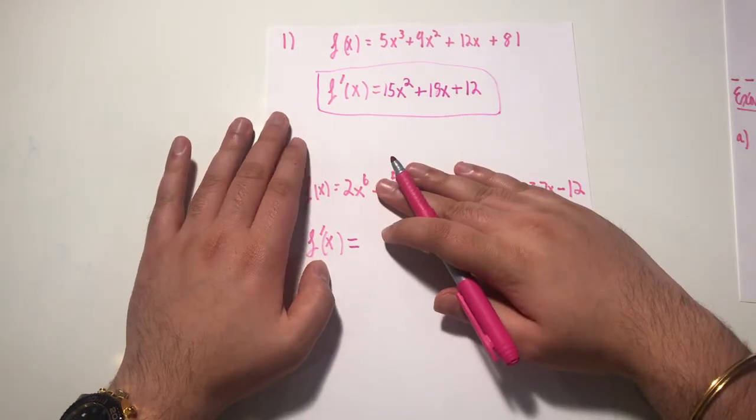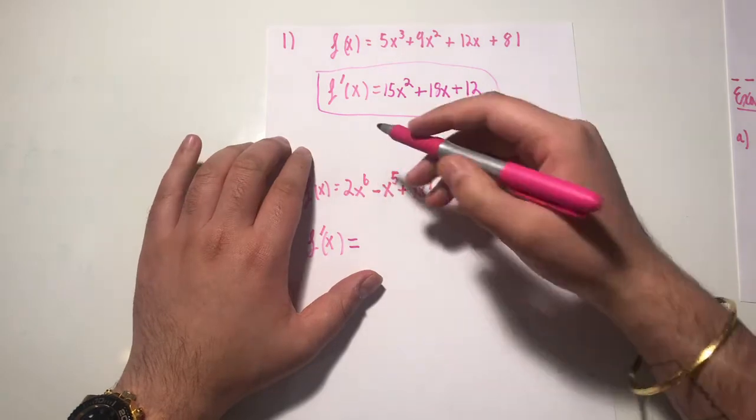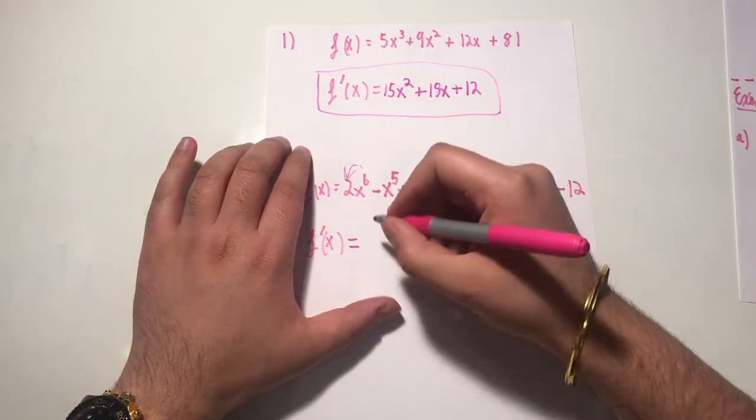Our first thing is positive 2x to the sixth. What's the power rule? Well, we take the exponent and multiply it with the coefficient, right? We're bringing this down.